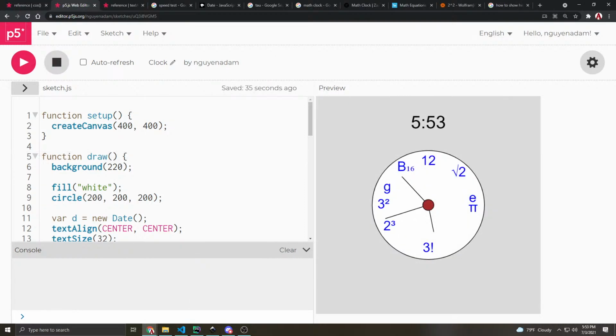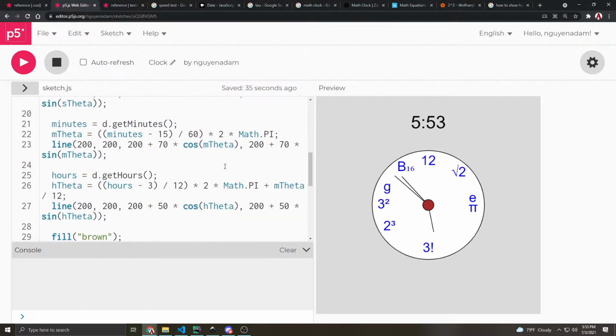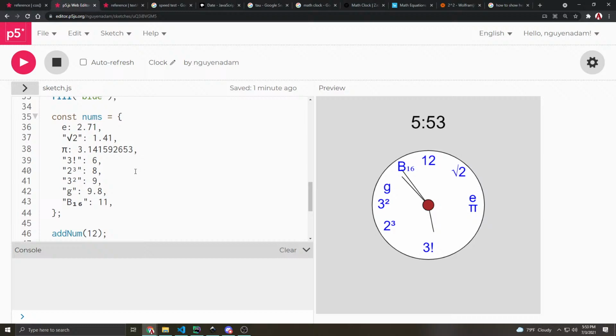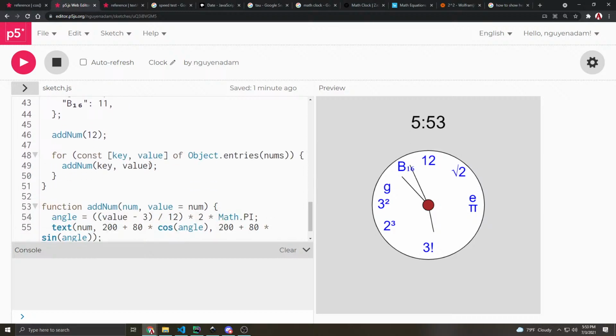But yeah, Josh, are you still here? Yep. I think this is pretty solid, right? Yeah. We took a nice simple clock, we added some fun math things to it, and we did a nice function here. We were gonna use the for each loop, and then we kind of did it. And this JavaScript feature is nice.